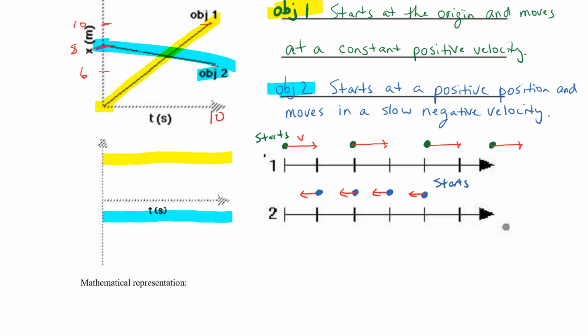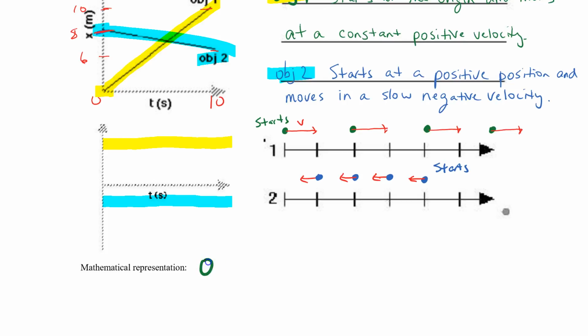So for object number 1, in green, if I think about my y equals mx plus b, my y value in this case is actually position.